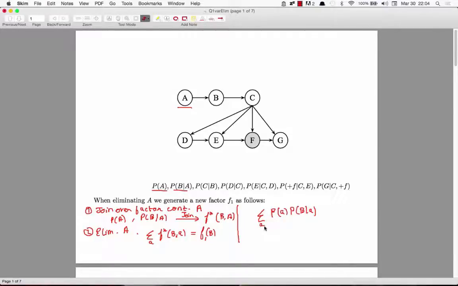This is just another way of writing the variable elimination step, where we are joining the factors which contained a and eliminating a from the result of the join. This is the notation that we'll follow for the remaining assignment, but you could essentially just think of this as being decomposed into these two separate steps.